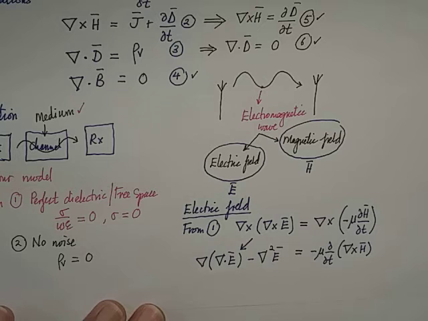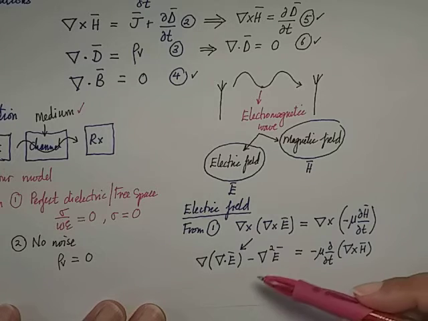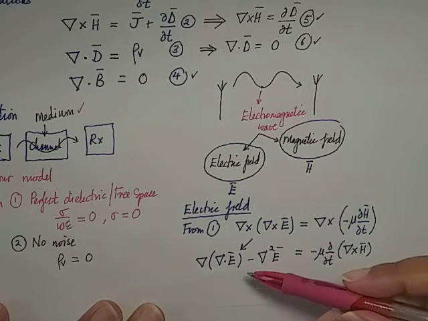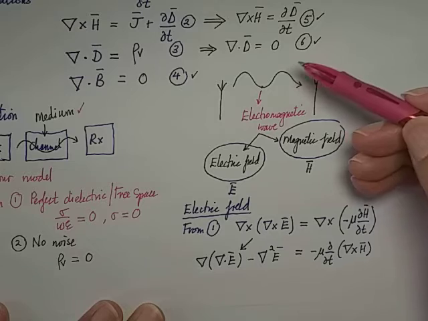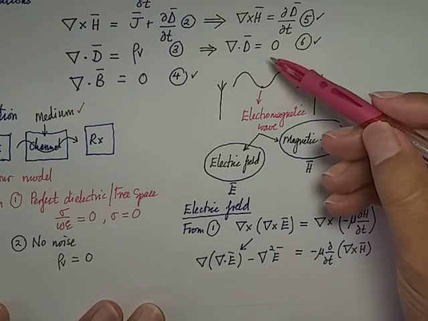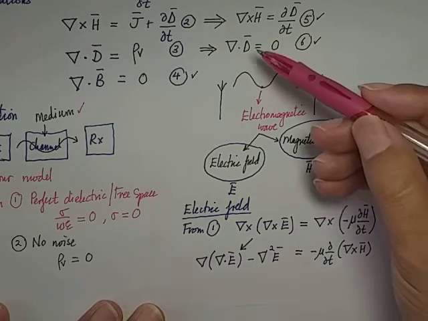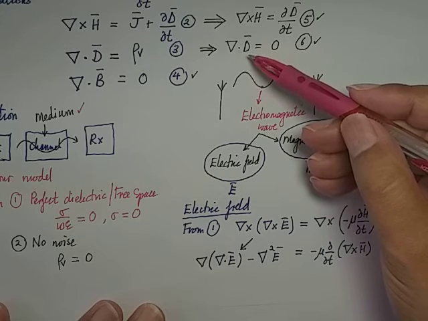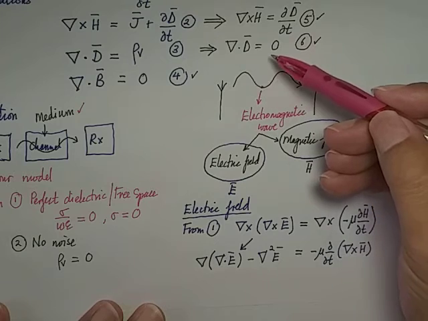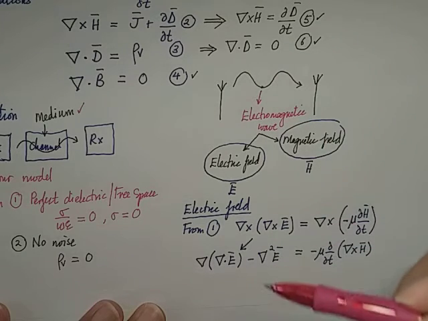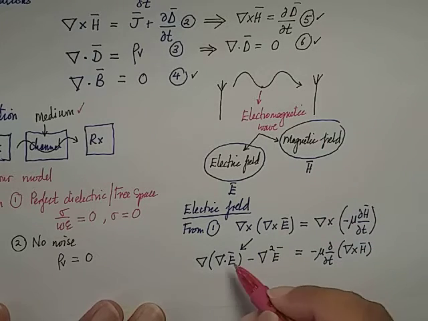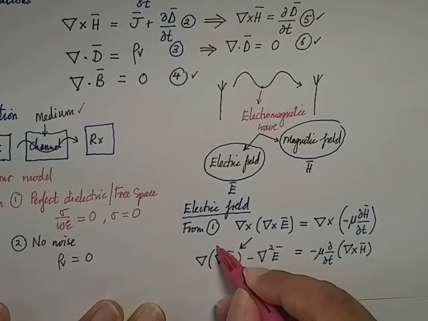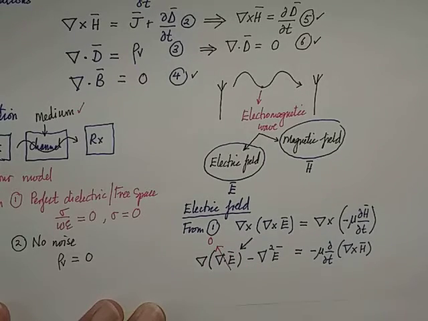Okay, so let's simplify this equation further. If I refer to equation number 6 up here, I can see divergence of D equal to 0, correct? We know D is equal to epsilon E. Therefore, we can also state that divergence of E equal to 0. And when we refer to our equation here, this term can be equal to 0. Why?